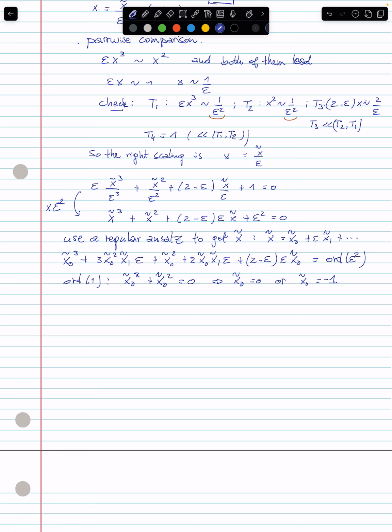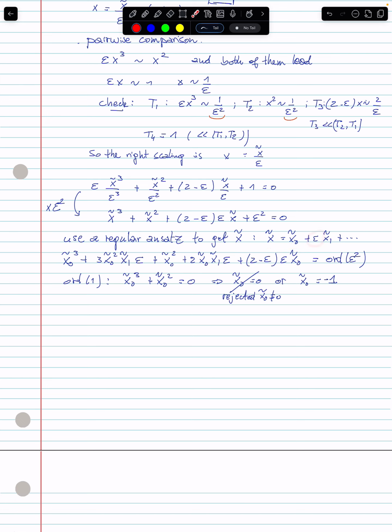Okay, this one, the first one, needs to be rejected. Why? Because x0 tilde needs to be different from 0. Because if it was equal to 0, it means that the sequence we have chosen would be starting with the first term being of order epsilon.